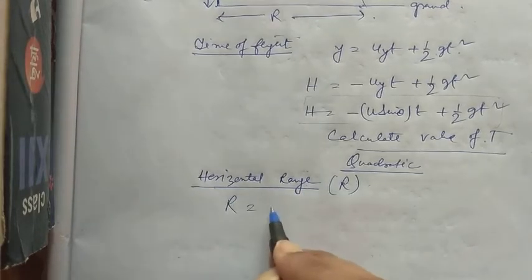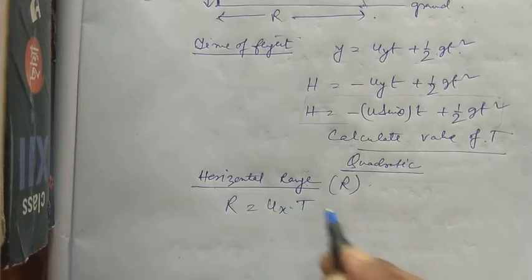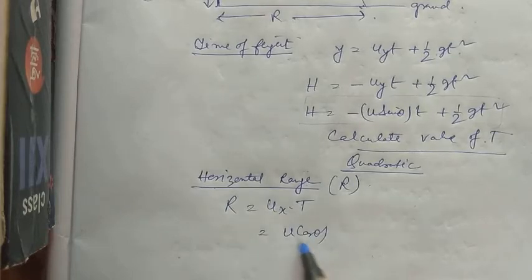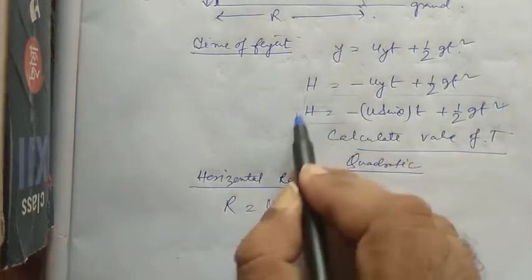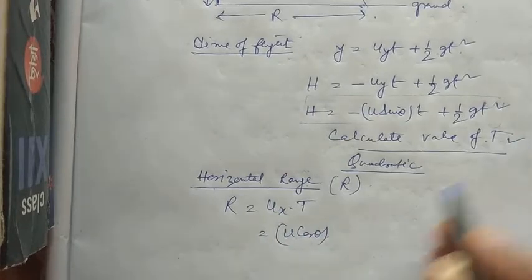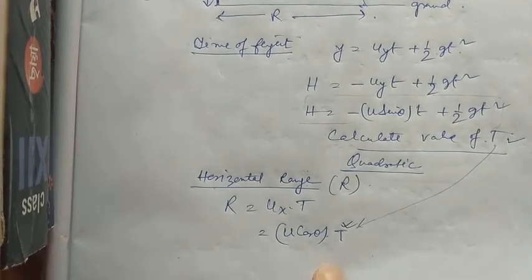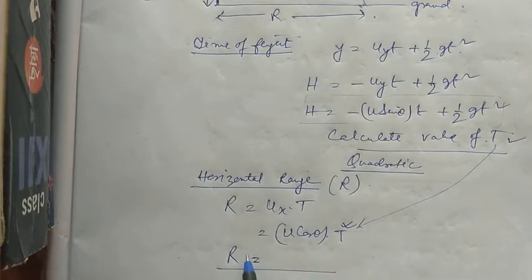As you all know, r is ux into t. So ux was u cos theta. After finding the value of t from here, we replace the value of t here. So we get the value of r.